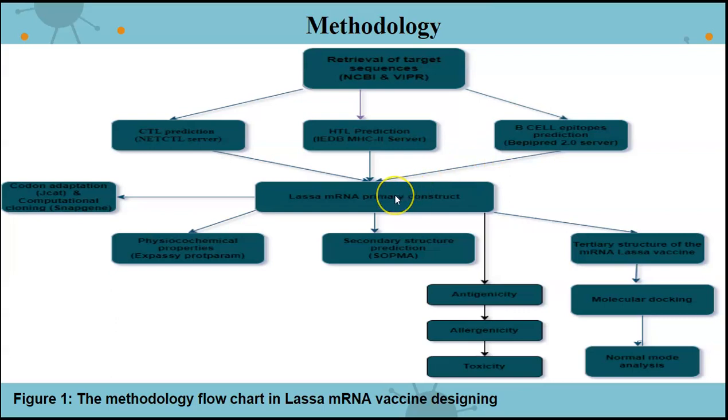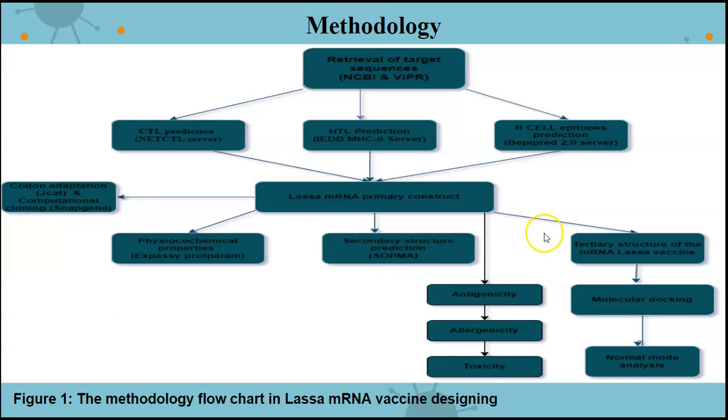The physicochemical properties of the primary construct were analyzed using ExPASy ProtParam tools. The secondary structure prediction of the primary sequence of our messenger RNA construct was done using the SOPMA server.